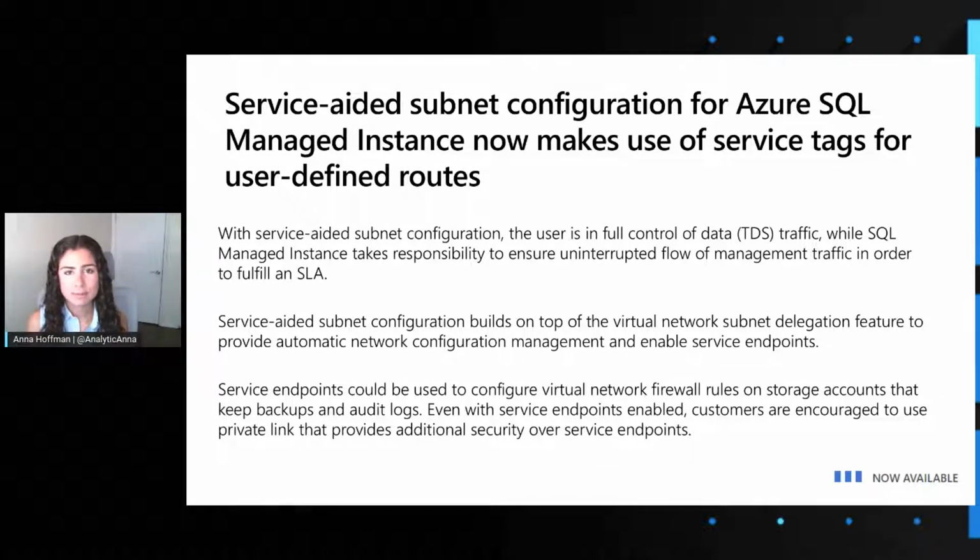For example, if you wanted inbound and outbound access to a storage account, you could instead use the storage account westus service tag, which allows you to just enable those, as opposed to having to add every single firewall rule or all the different connectivities to that virtual network. This is a big one that's been asked for a lot by customers, so definitely one I recommend you check out.